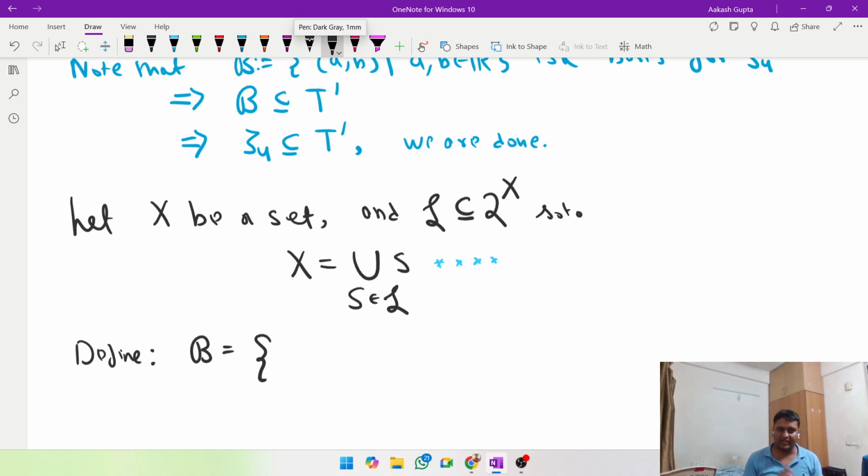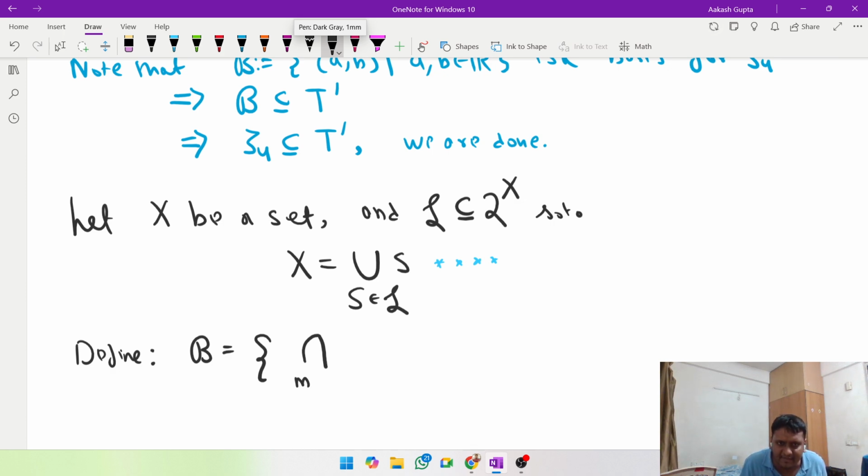What kind of collection am I going to define? I want to take finite intersections of members of S. Take a natural number n, arbitrary, fix it, take n many sets from S. If you don't have that many, take fewer, and intersect them.